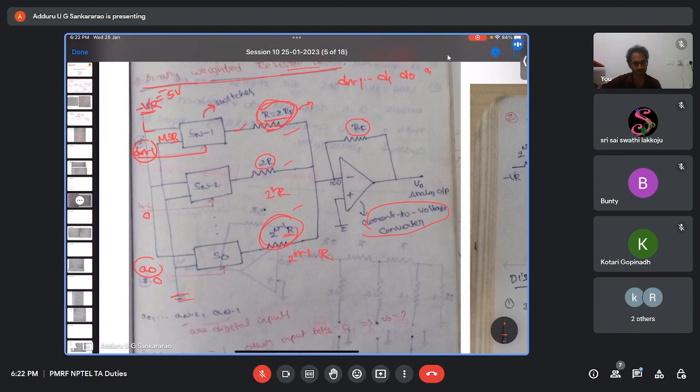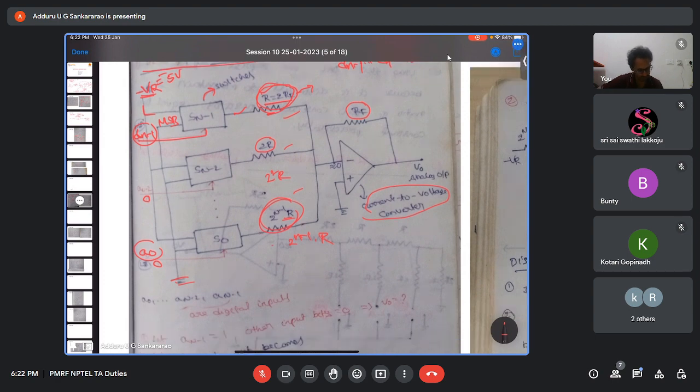To get the overall output, you should consider one bit at a time. Let us say I take only the LSB as one and all others zeros. What is the output? V01, let us say. This is an inverting amplifier, so minus RF by R1 into V input.